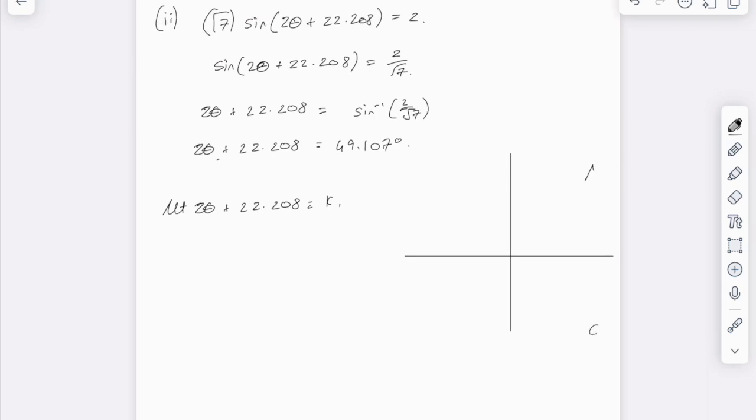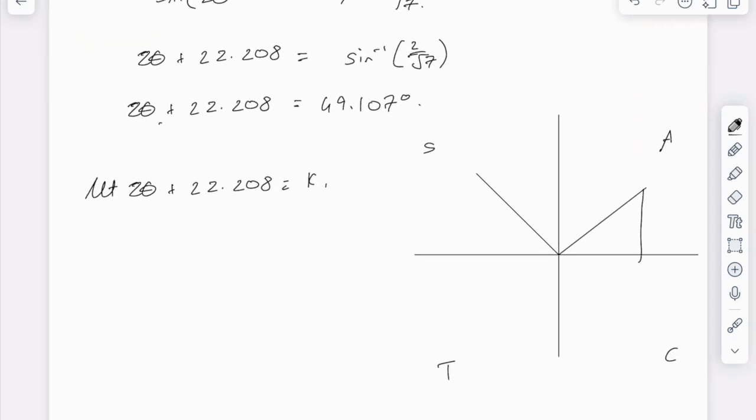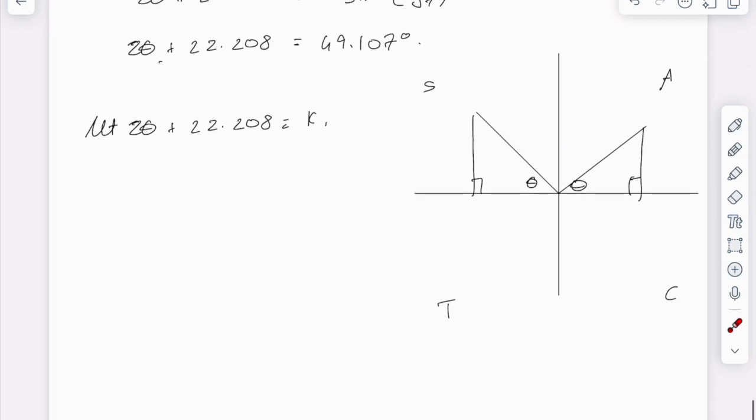So CAST. Sine is positive in these quadrants. Okay. And so that's going to equal 180 minus theta over there and the reference angle.